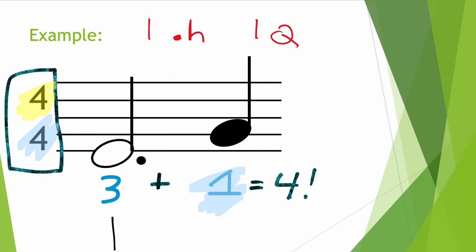And since we know that it is 3 beats, this quarter note comes in on beat 4. Because in between here, there's a 2, there's a 3, and then it leads to 4. So if you were to write out the counts, you would have 1 and 4.